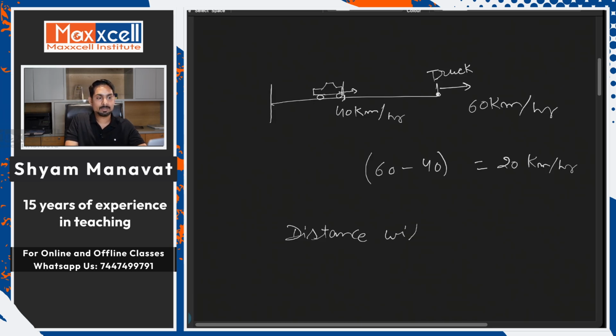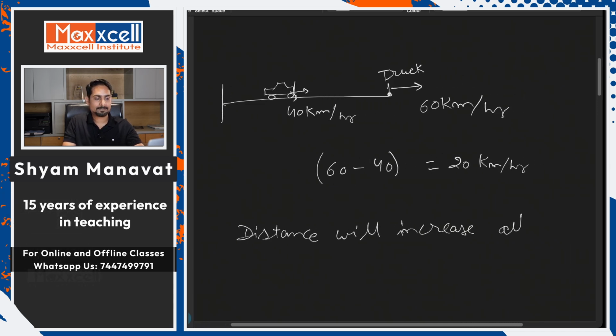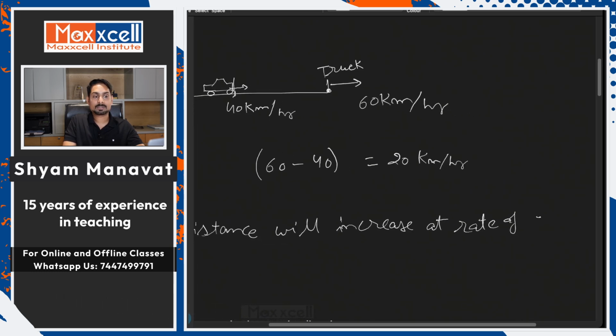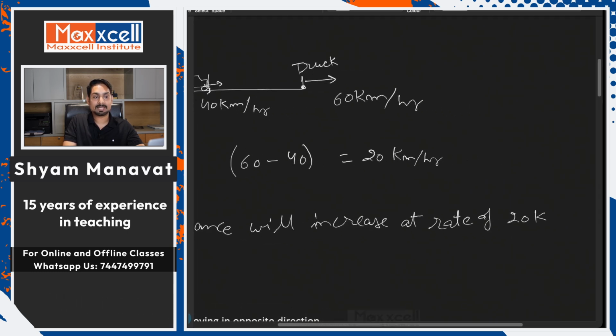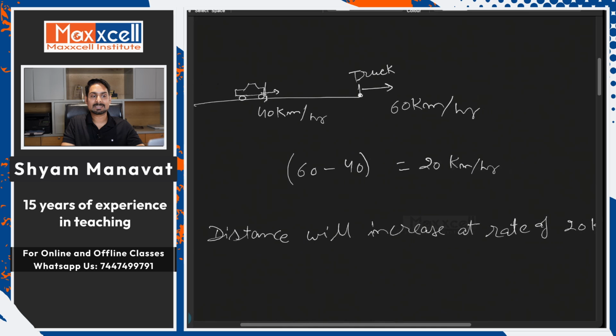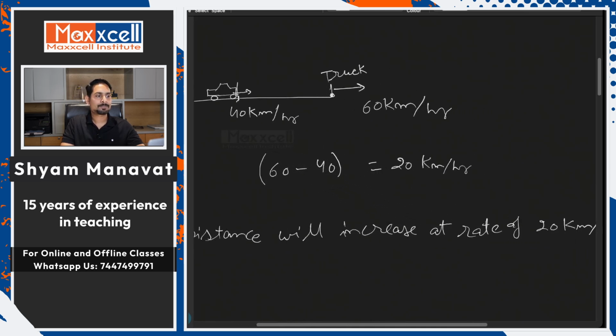The distance will increase at the rate of the relative speed, at the rate of 20 kilometers every hour. Are you getting me? Distance will increase at the rate of 20 kilometers every hour.